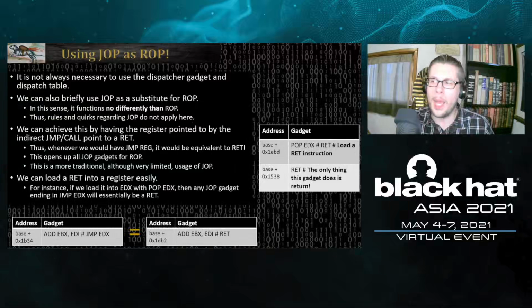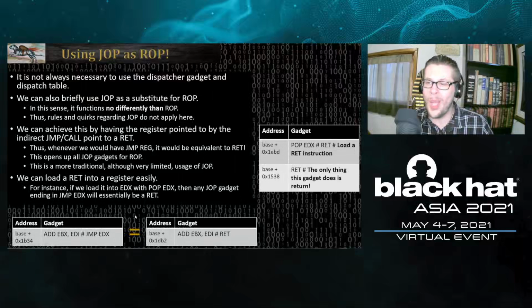How you do that is you load a return instruction, and that's it, just ret, into a register, and then when you jump to the register, it is equivalent to a ROP gadget. And you don't need to mess around with a dispatcher gadget or a dispatch table. You can just briefly do JOP and then return to your other ROP.